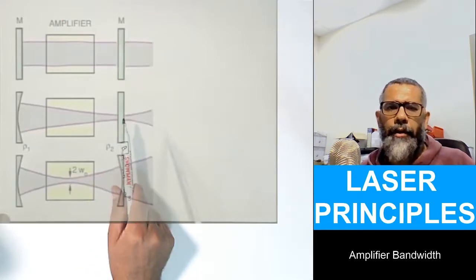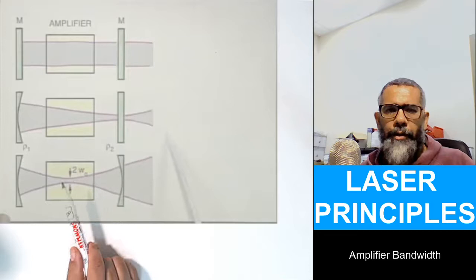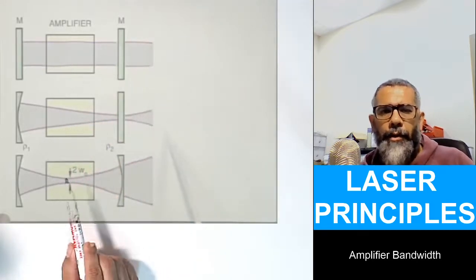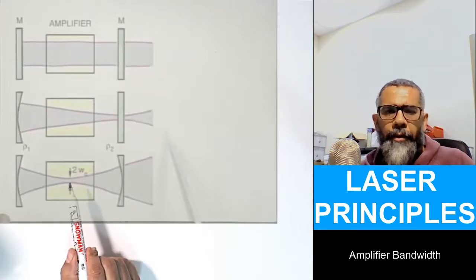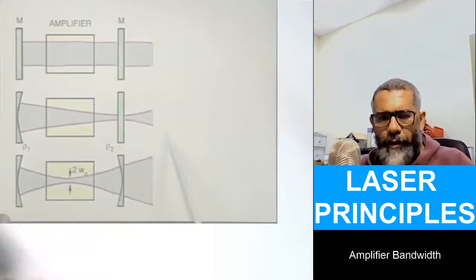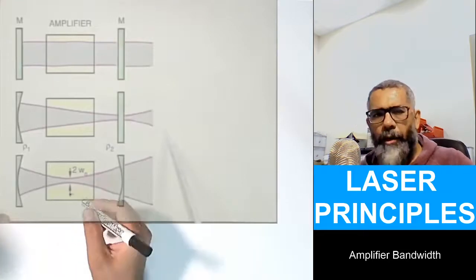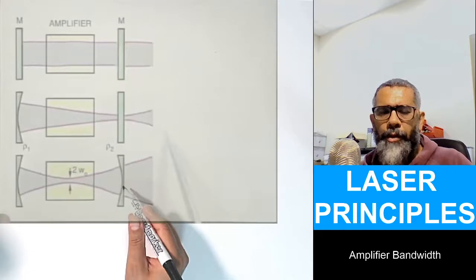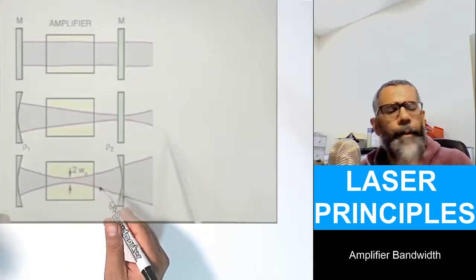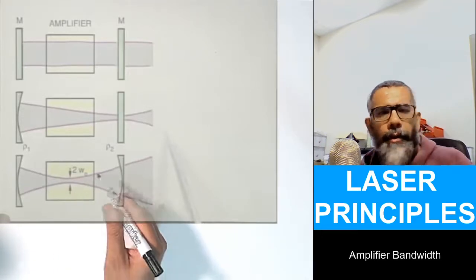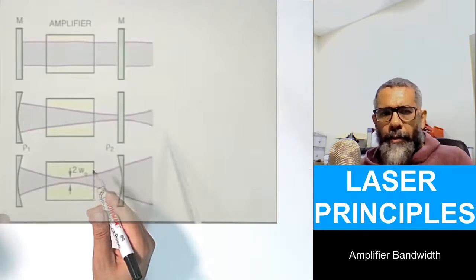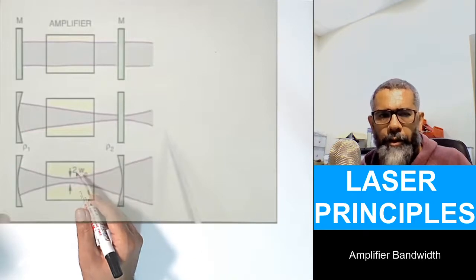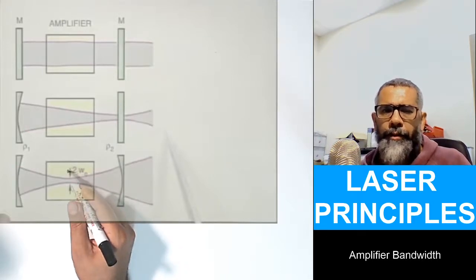The waist is here in this second picture, but in the first picture there is no waist because all parts of the laser are parallel. So this is the waist. And if you ask why some systems prefer this kind of resonator with two mirrors that are not flat but curved, it is because of the interaction of the laser with the gain medium, or the amplifier.